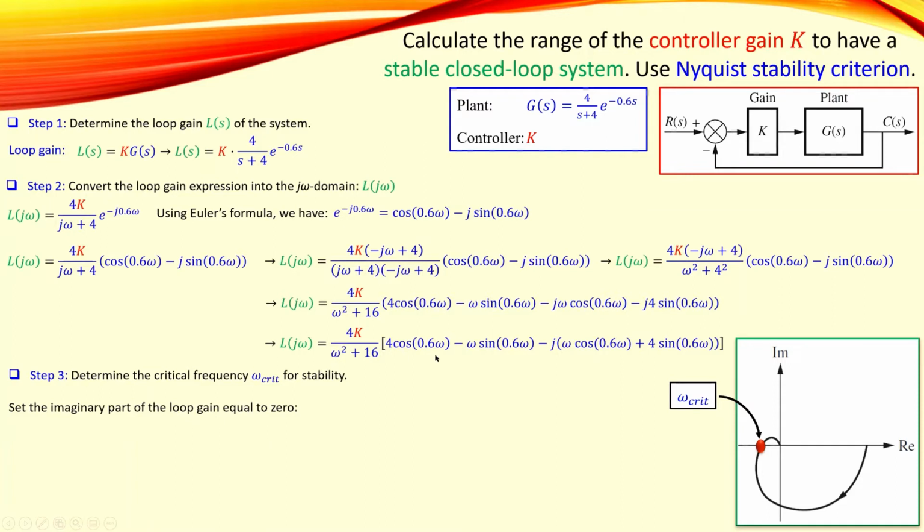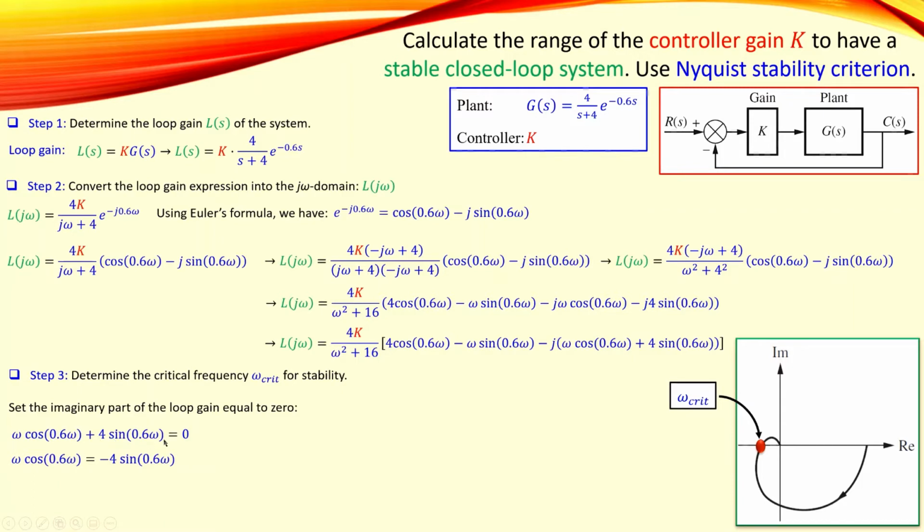So that means set the imaginary part of your loop gain equal to 0. In this case, this is the real part and this is the imaginary part. If I make only this expression 0, I have determined this point. So let's do that: omega times the cosine of 0.6 omega plus 4 times the sine of 0.6 omega is equal to 0. Just work it out.